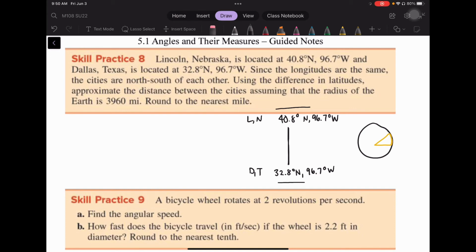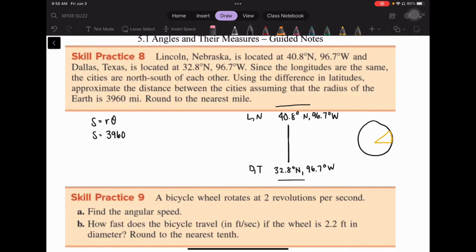And so when we are approximating this distance, we are using the arc length formula. We have that r times theta, where the radius is 3,960. Our theta, again, this is degrees, so we need to find the difference between 40.8 and 32.8. That's 8 degrees.